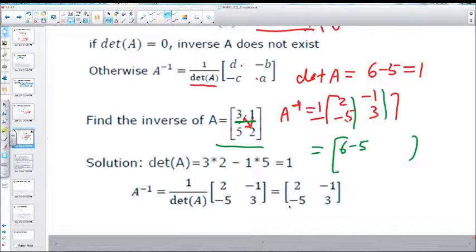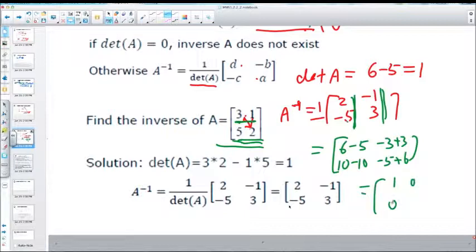Then 3 times negative 1 is negative 3, plus 3, you get a 0. Then 10 minus 10, and the last one, negative 5 plus 6. Now you got it: 1, 0, 0, 1. That's the inverse. Okay, that's easy. The next one, when you go to 3 by 3, it's not smart to do it this way.